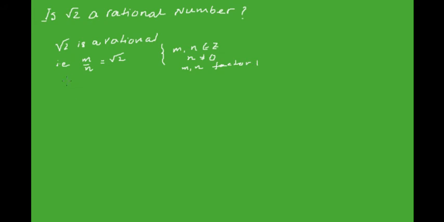And m and n have no common factor except 1. M by n's whole square is equal to 2. Now m square is equal to 2n square.